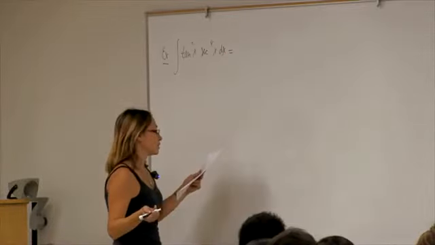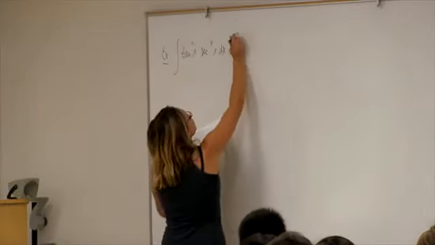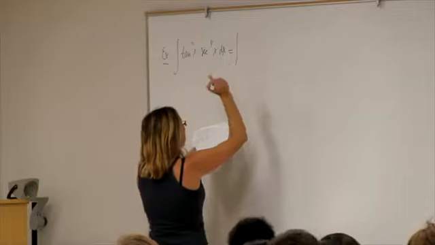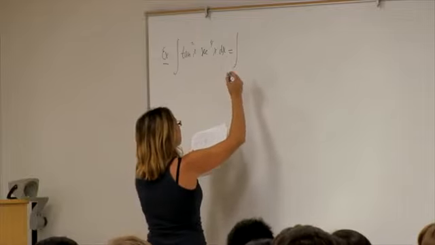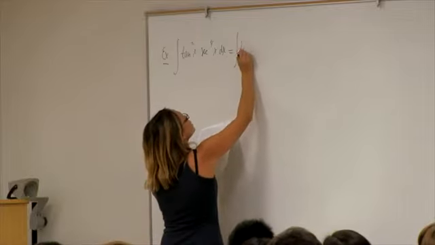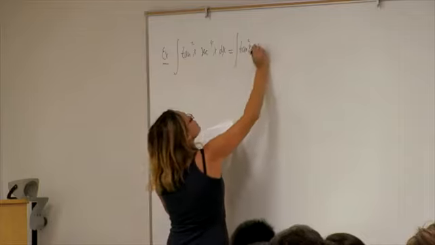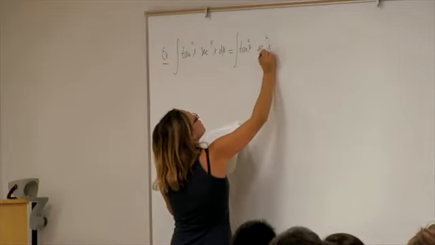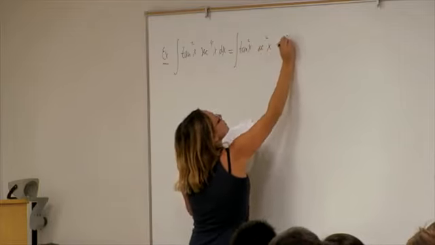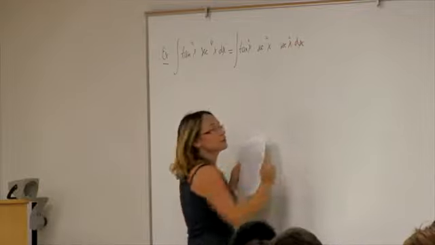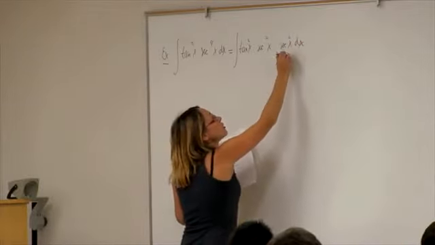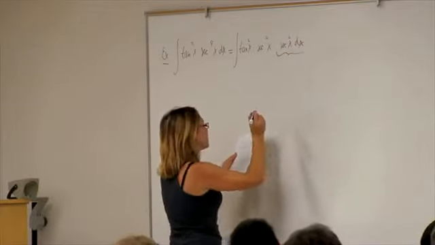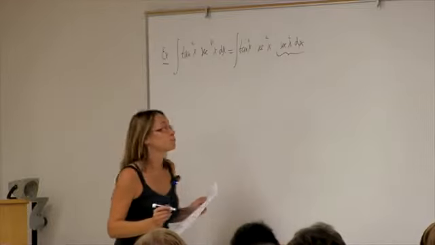So you have to know the tricks, okay? I'm going to do the following. I'm going to save 2 powers of secant. So I have tangent squared x secant squared x times secant squared x dx. So I saved 2, and that's going to be the derivative of a tangent.